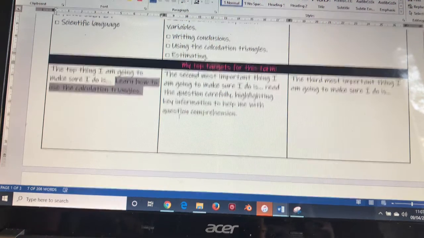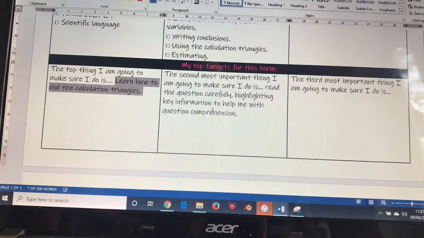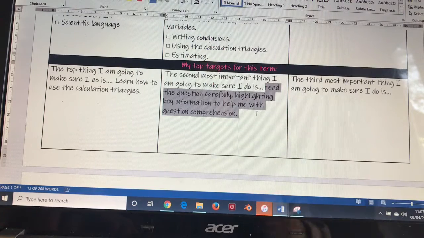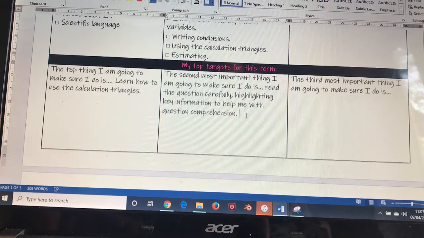So you're probably not going to be using that because we're going to be doing biology. However, if you've got one which is more generic, like this one, which is question comprehension, that's going to be relevant for biology. So you can then implement this target in your biology work. So it's not only going to improve your physics, it's actually going to improve everything.